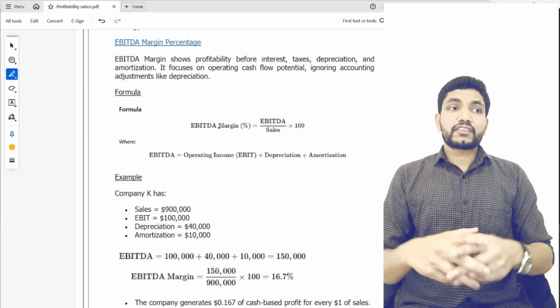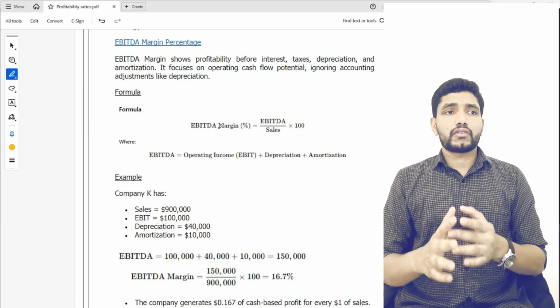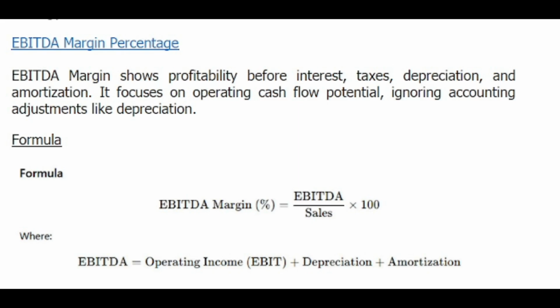So we'll move into the next ratio, that is EBITDA margin percentage. EBITDA shows the profit margin before interest, tax, depreciation and amortization. It focuses on operating cash flow potential, ignoring accounting adjustments like depreciation.